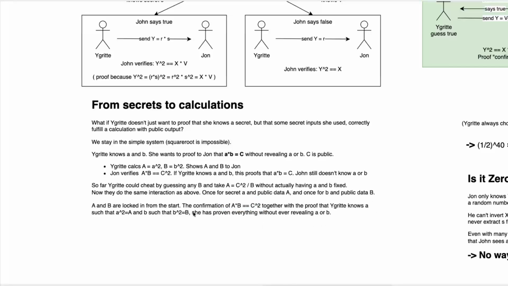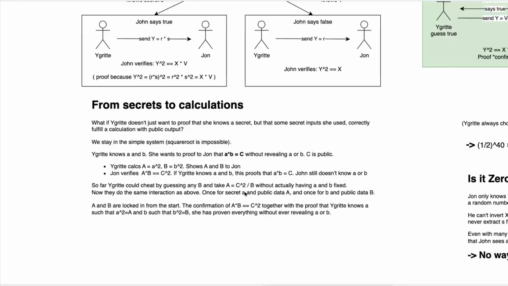And together with those proofs, now everything is proven, that those things hold and the calculation holds, and eGrid just proved to John that there is a lowercase a and lowercase b that she knows and she committed to, that fulfill this calculation without ever revealing any information about those two, except that they fulfill this calculation. John knows nothing more about that.